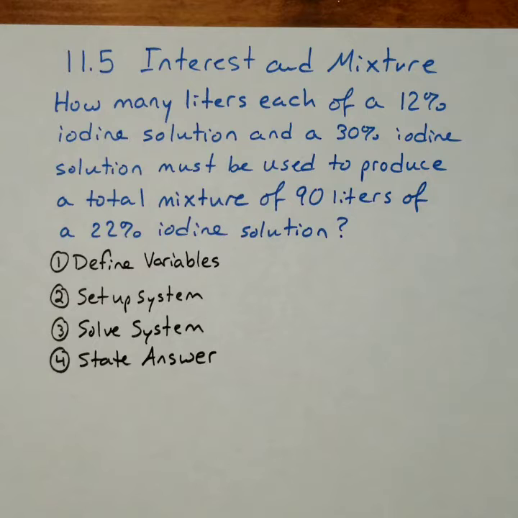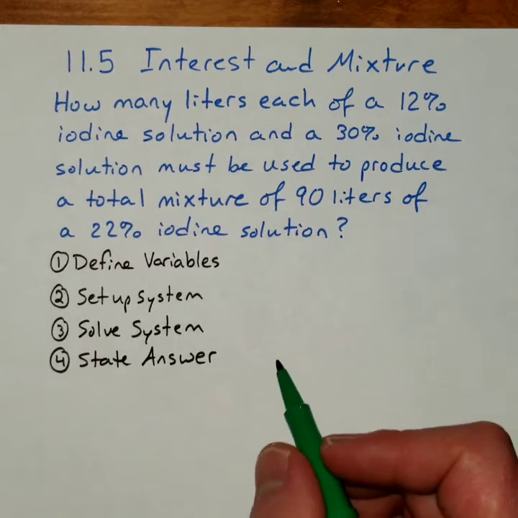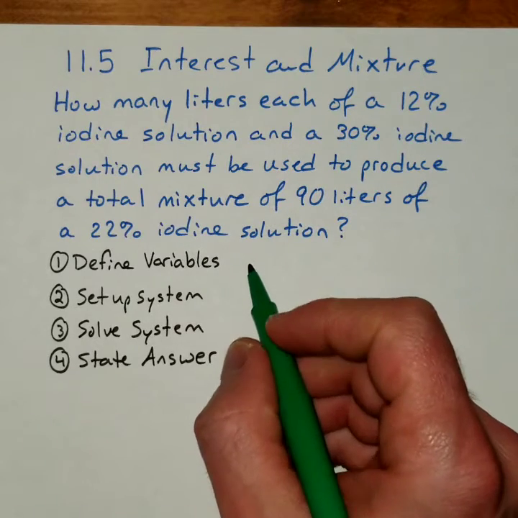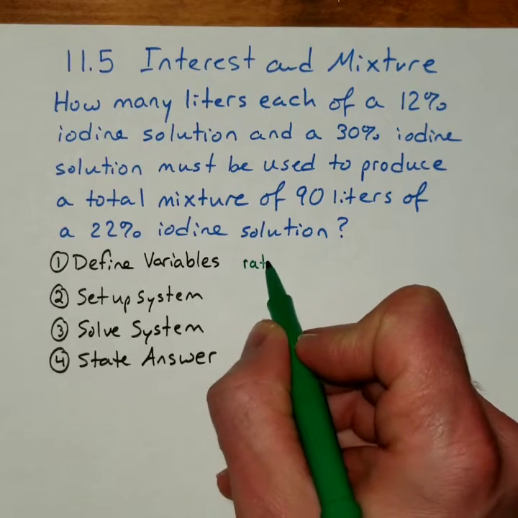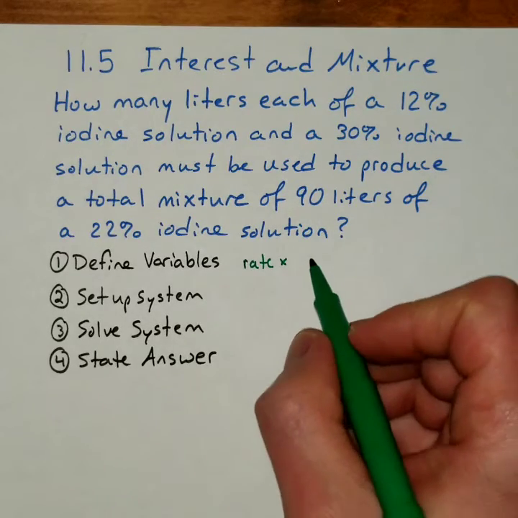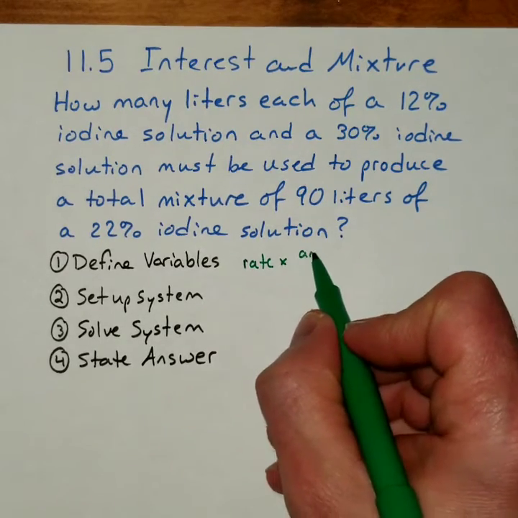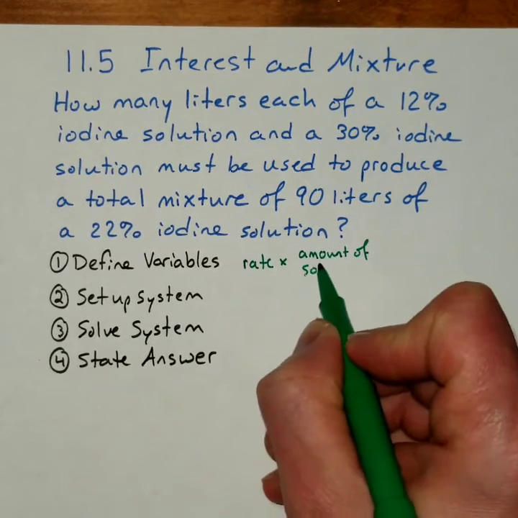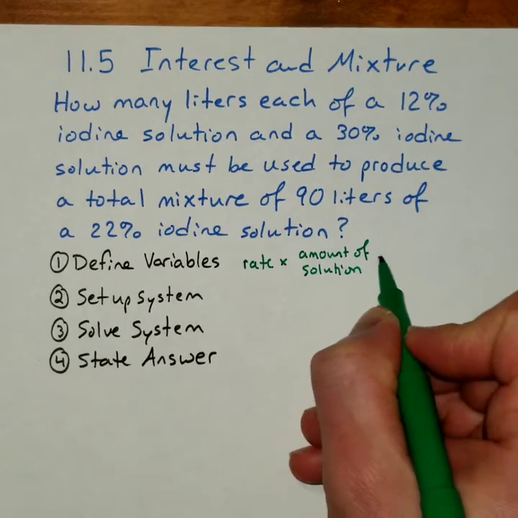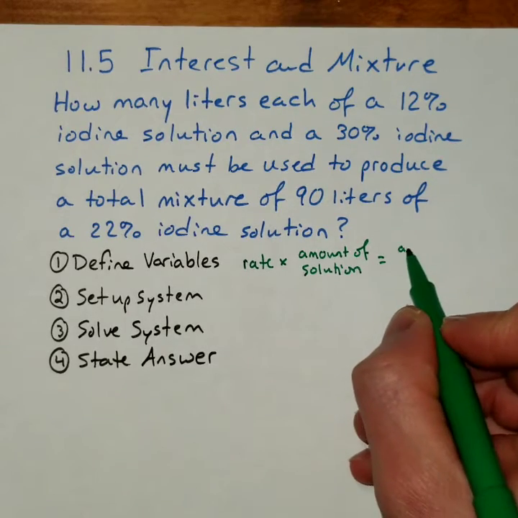And so we're going to have to come up with a formula, and the formula is similar to all the other ones we've looked at already. It's some sort of rate times an amount equals a total. And so in our case, the rate multiplied by the amount of solution will give us the amount of iodine.